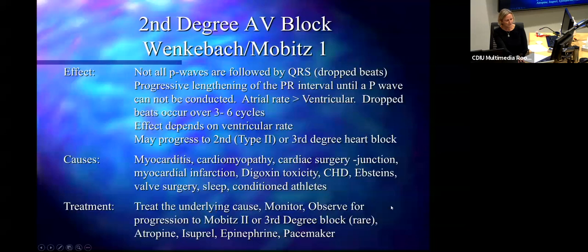So if it is a slow rhythm, then the usual things that we use to help people who have slow rhythms, so atropine, epi, isoprel, or a pacemaker. And in the congenital heart disease repair, it may be just a temporary pacemaker so that we get AV sequential in the post-op period. Or maybe they need to have a permanent pacemaker, or maybe we're just going to monitor them.